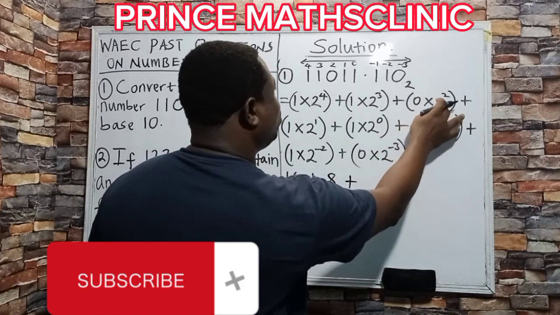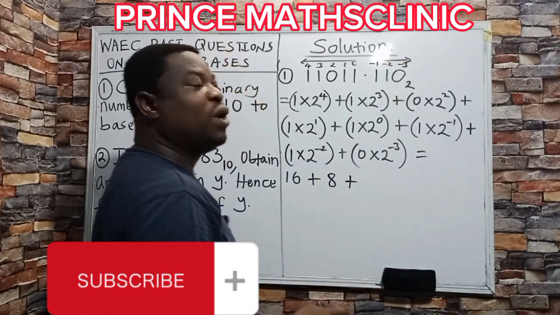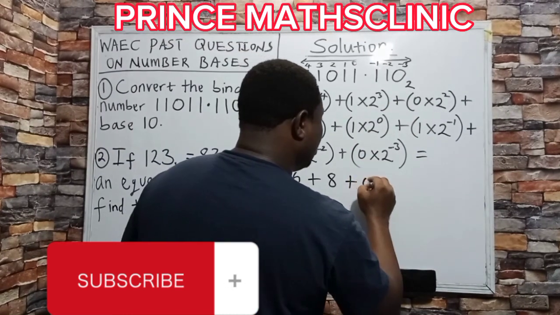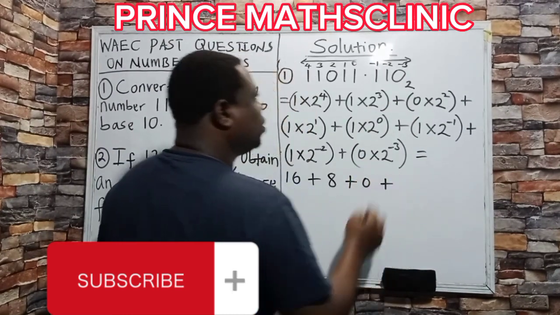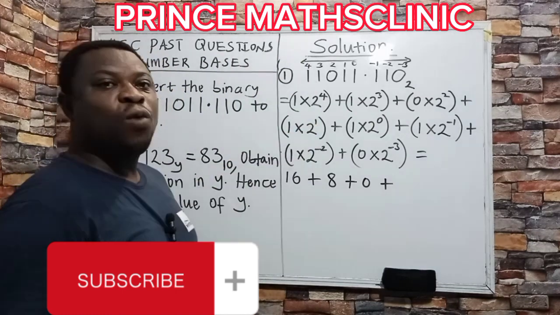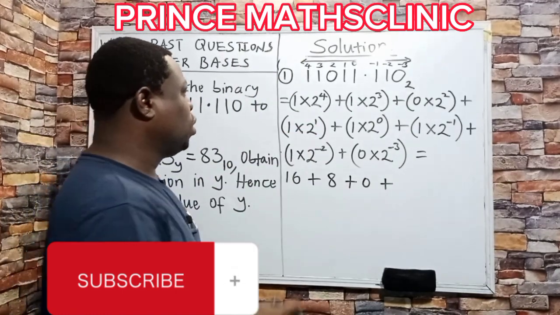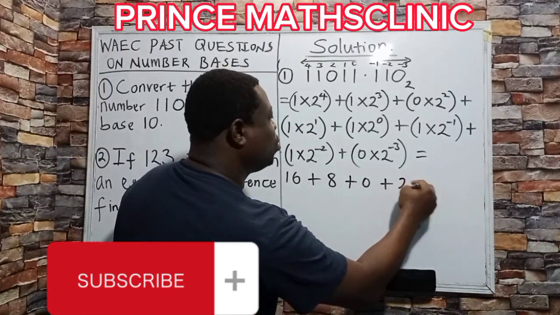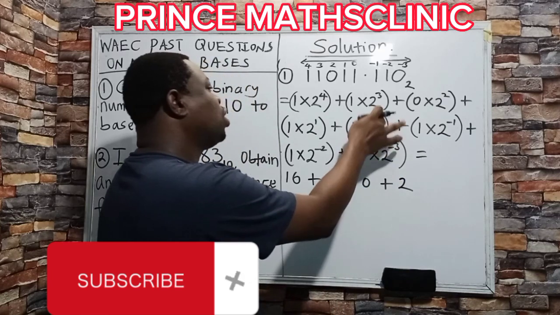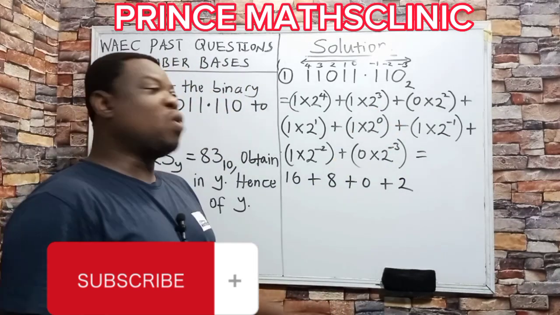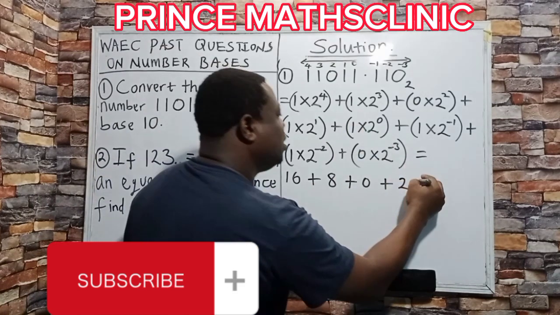Plus 2 to the power of 2 is 4, times 0 gives you 0. Then plus 2 to the power of 1 is 2, times 1 gives you 2. Then 2 to the power of 0 gives you 1, and 1 times 1 is 1.